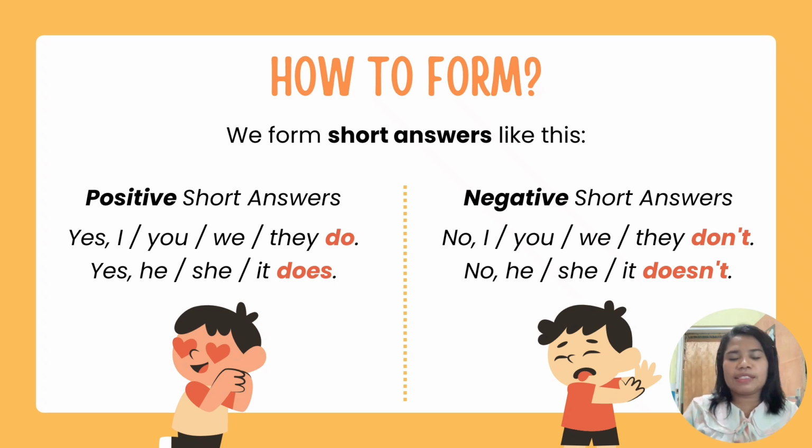For the third person singular, we can say yes, he does, yes, she does, or yes, it does. For the negative, we can answer like this: no, I don't, no, you don't, no, we don't, no, they don't. And for the third person singular: no, he doesn't, no, she doesn't, or no, it doesn't.